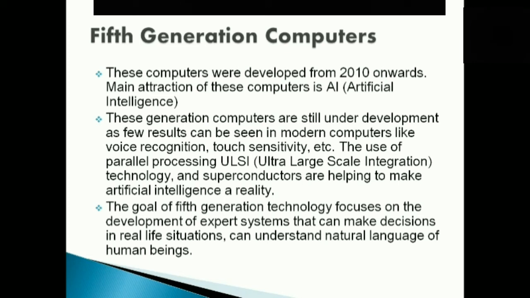These generation computers are still under development, as few results can be seen in modern computers like voice recognition, touch sensitivity, etc. Nowadays we have devices called Google Home or Alexa. They are the best example of AI. When you say, okay Google, tell me the time, this is voice recognition technology. When you say this, they will hear it and tell you the answer to your question.